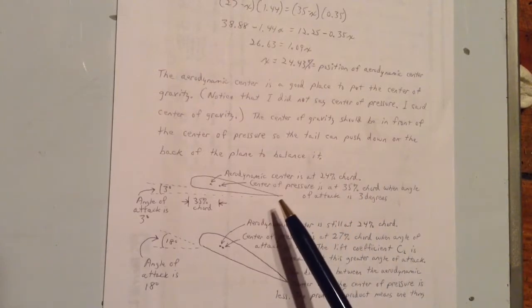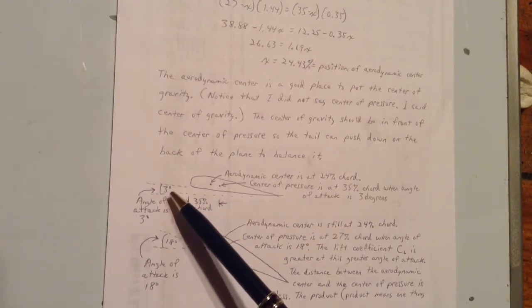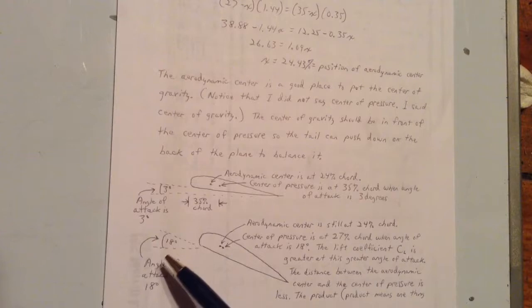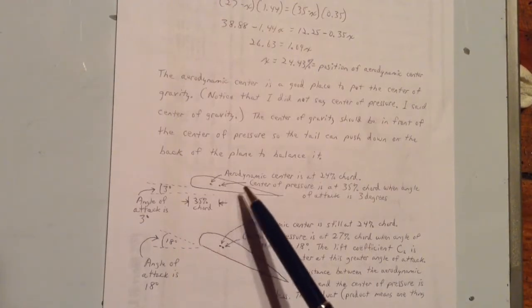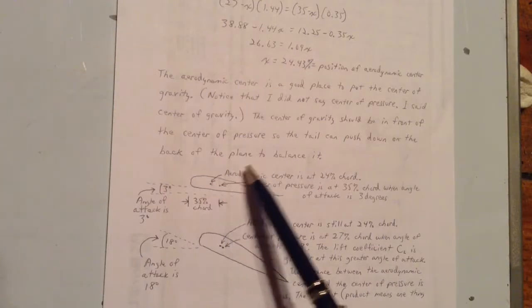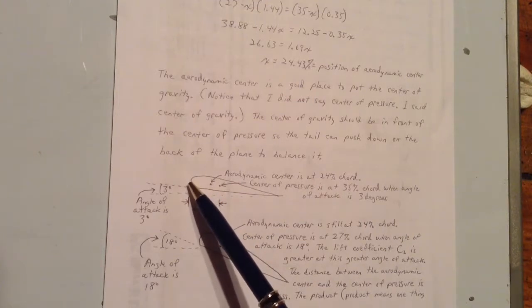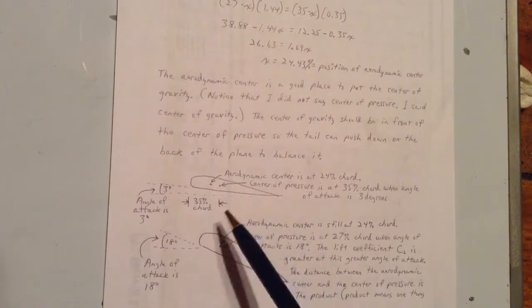Okay, here are a couple of airfoils. Well, same airfoil, let's assume, but at 2 different angles of attack. This one, we'll say it's at a 3-degree angle of attack. We'll say this one's at an 18-degree angle of attack. As you can see at this slight angle of attack, the aerodynamic center is at 24% of the chord, 24% of the way back from the leading point to the trailing point.